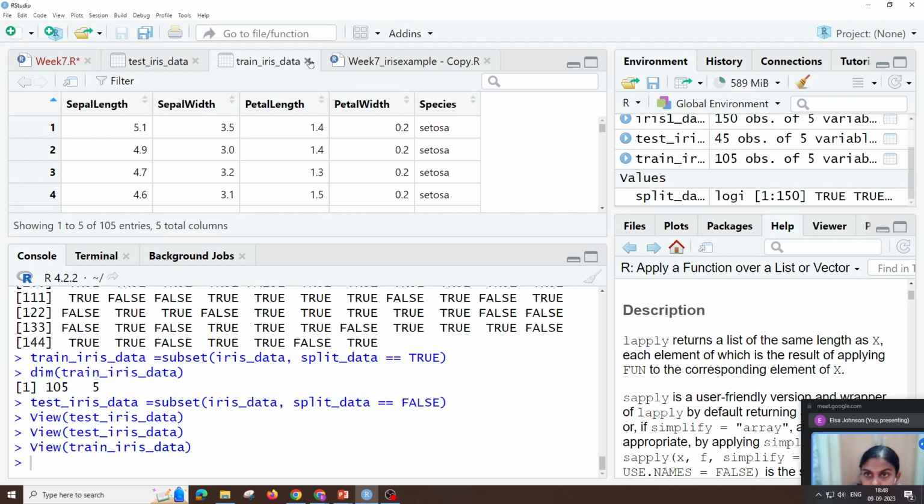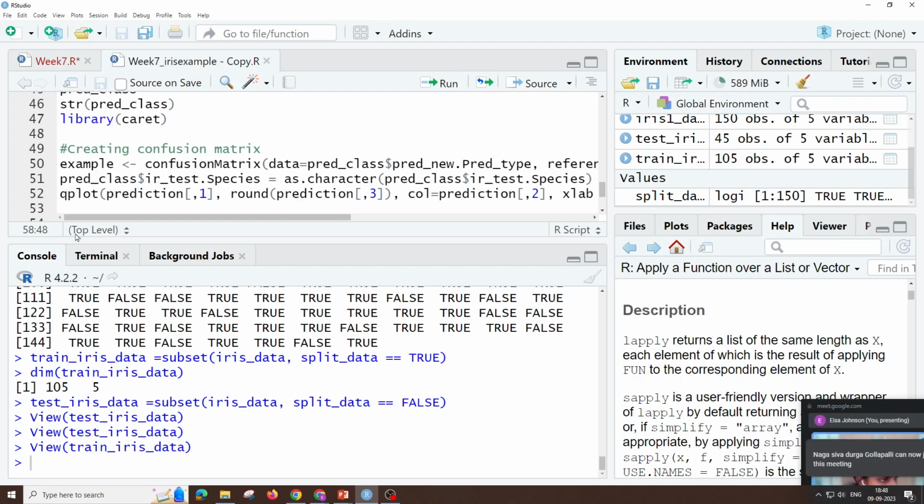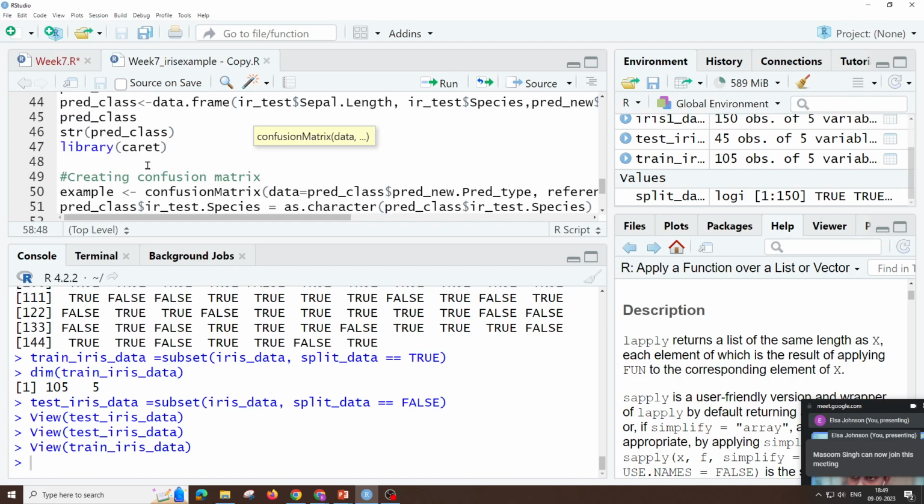Since it was asked in the question that we have to encode it, that's why we are giving like that. So that is the answer.